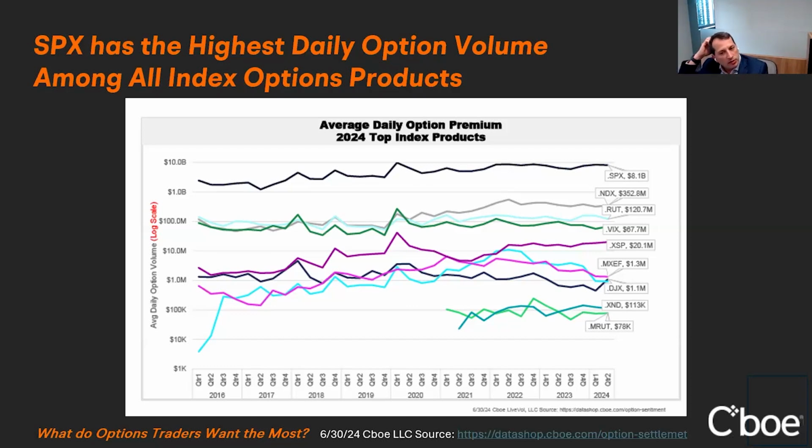If you sell a $5 call spread for $2, the most you could lose is $3. If you buy one for $2, the most you could win is $3. Those obviously are strategies that don't take nearly as much capital as selling outright or selling wide spreads or things like that.